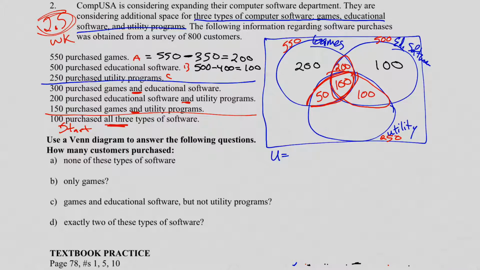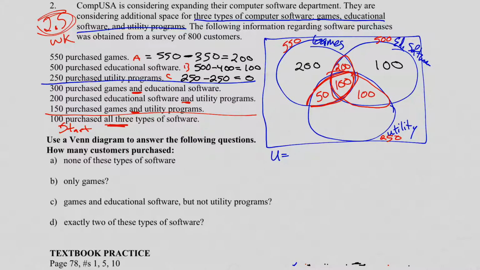Same thing on the bottom, where we have 250. If you add this up, we already have 250 accounted for. That means you have nothing to write in region 7.